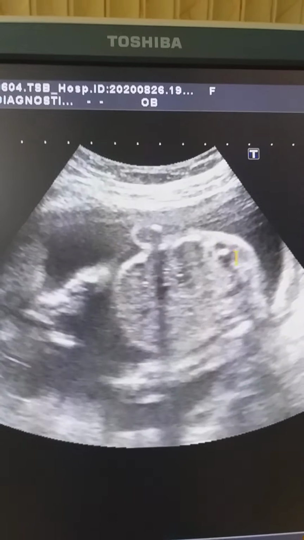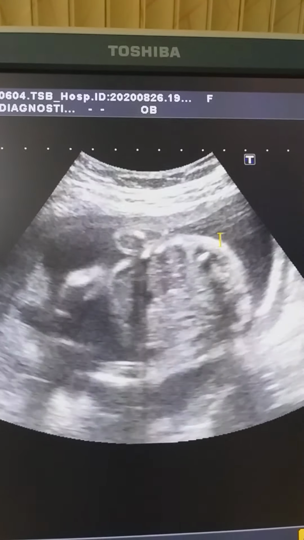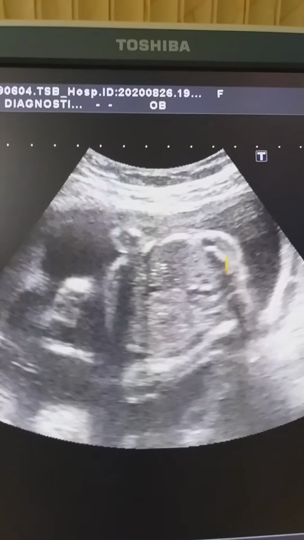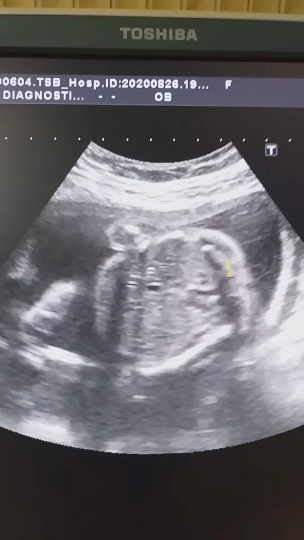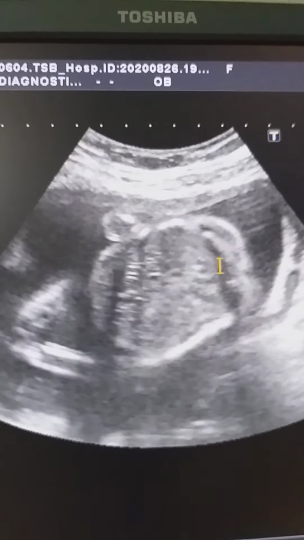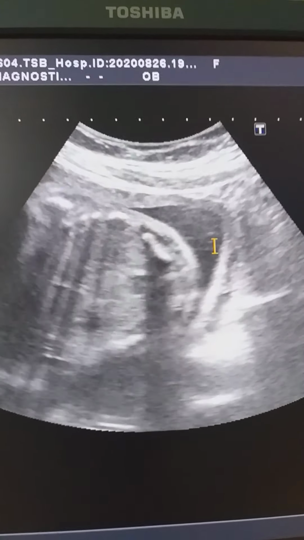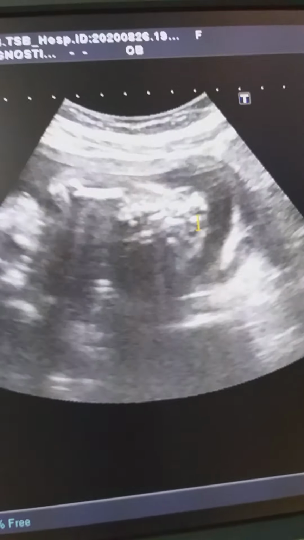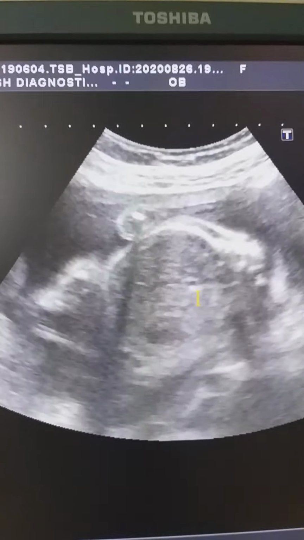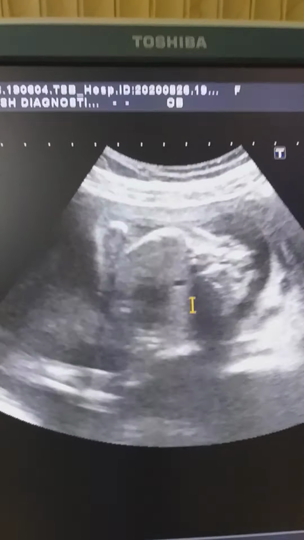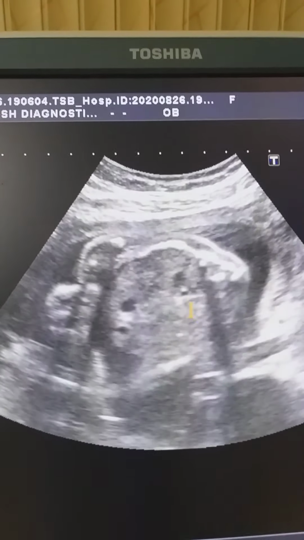Here, separation of the posterior element, and a gap is present. So in this region, the splaying of the posterior element is seen, which denotes spina bifida. So the spine is short, and spina bifida is present.